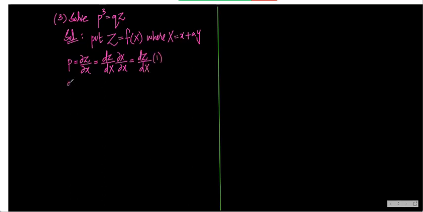Next, q is equal to dou z by dou y. I hope you understand the standard form 2 process. Every time it is a common process.